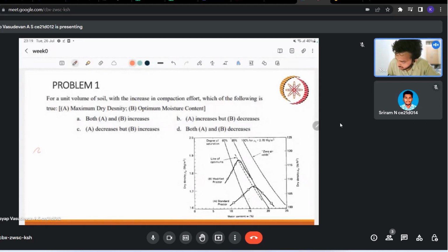So we can express compactive effort as the amount of energy imparted during compaction per unit volume of soil.